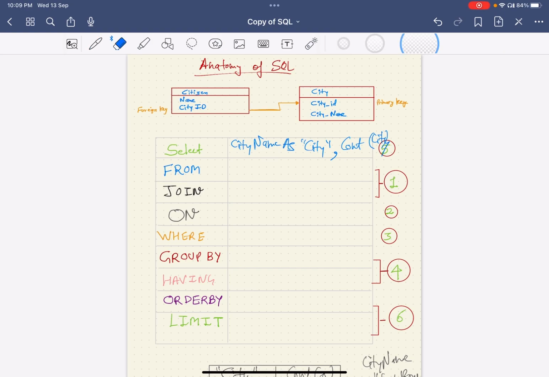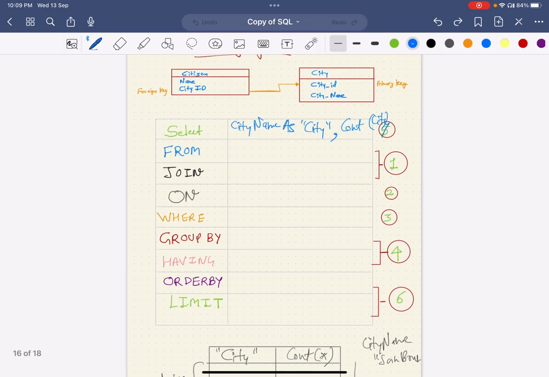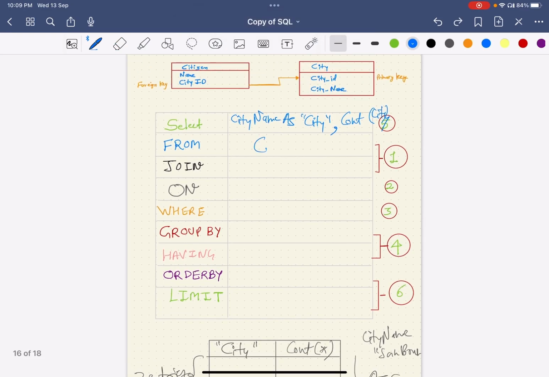So we will return from the citizen table, and we will join the citizen table with the city table, and we know the common column between these two tables is city ID. So the citizen dot city ID will be equal to city dot city ID.